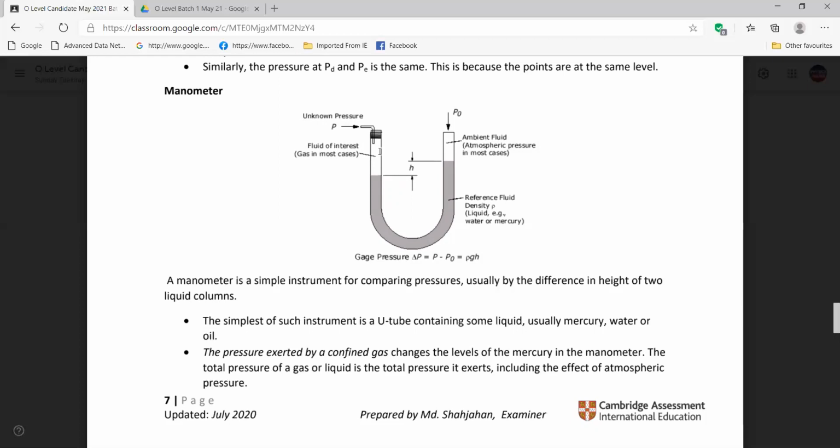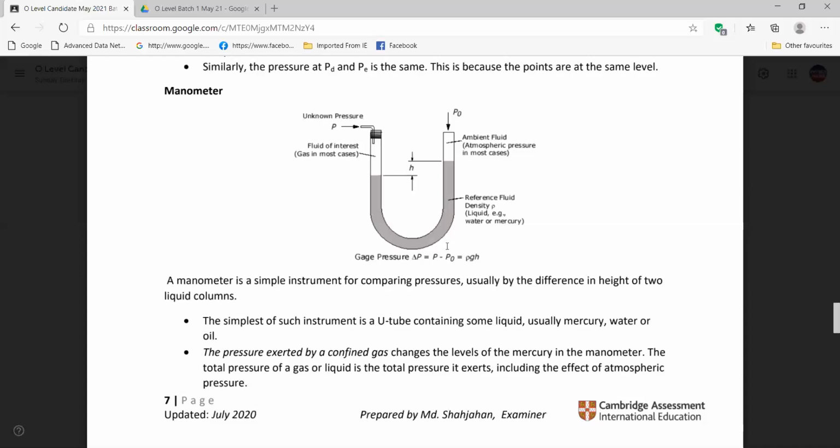Then we can compare how much the gas pressure is more than the atmospheric pressure. Atmospheric pressure has a fixed value, right? So that one we know. So if you get the height here, and the density of the liquid, then you can measure this pressure using this formula.